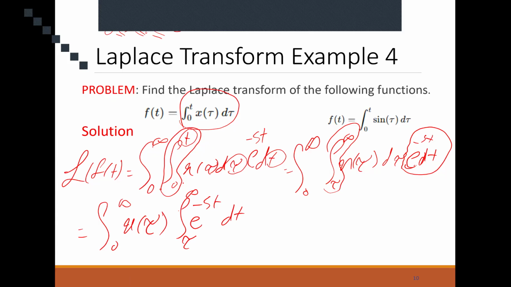Okay? Now, what is the result of this integral? Oh, sorry, this is d tau, and this is dt. Yes?